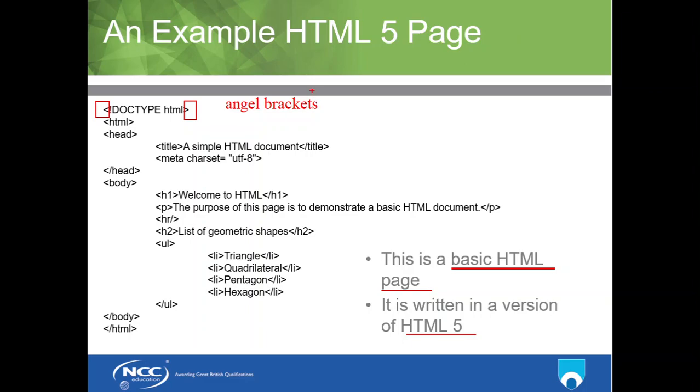So HTML tags are enclosed within angle brackets. They're called tags. So we're going to look into each one of them and understand the different parts and how to write them.